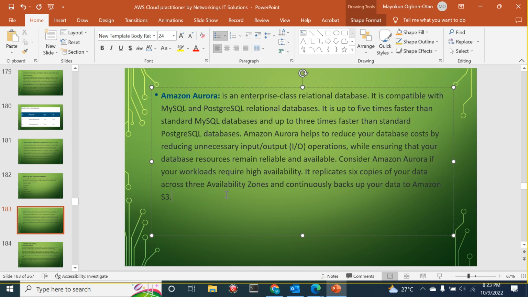Number one, speed. Number two, availability. Now, speed is there. They now went ahead and say it's being stored in 3 availability zones, and there is a backup. So what are they doing? They are simply saying MySQL, PostgreSQL, begin to find your level.